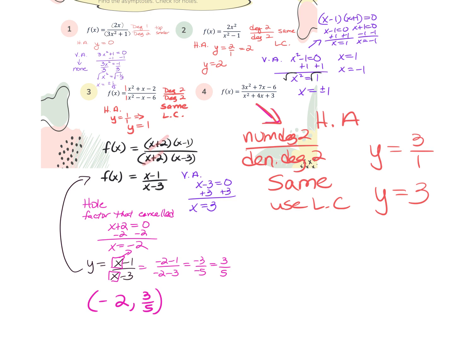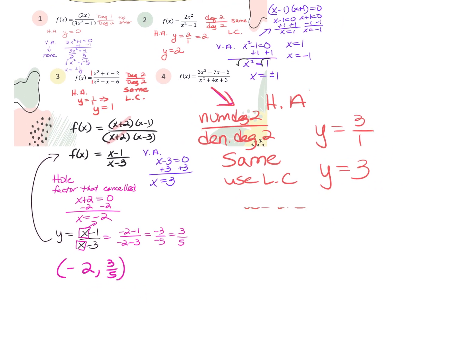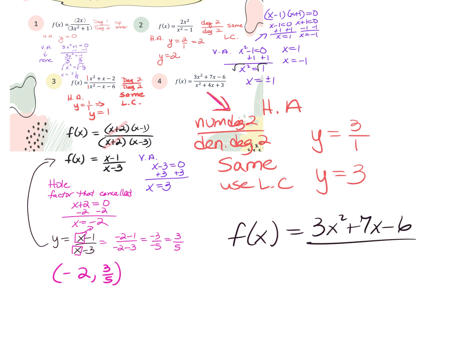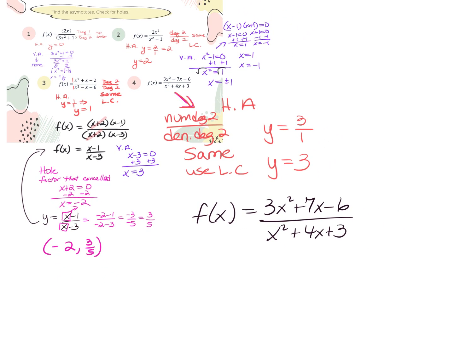Now for the vertical, we've got to simplify the function first. So I need to factor the numerator. So here is my function, f of x: 3x squared plus 7x minus 6 over x squared plus 4x plus 3. I need to factor these. I know everybody likes to factor by grouping.